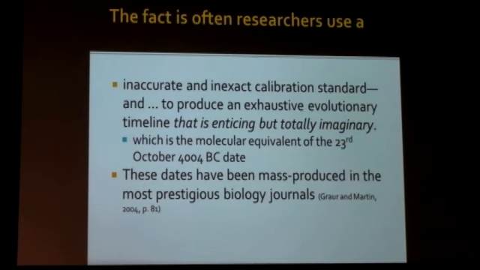So if you want to put somebody down, just quote the Bible and that really will put them down. And these dates, these authors note, have been mass-produced in the most prestigious biological journals.